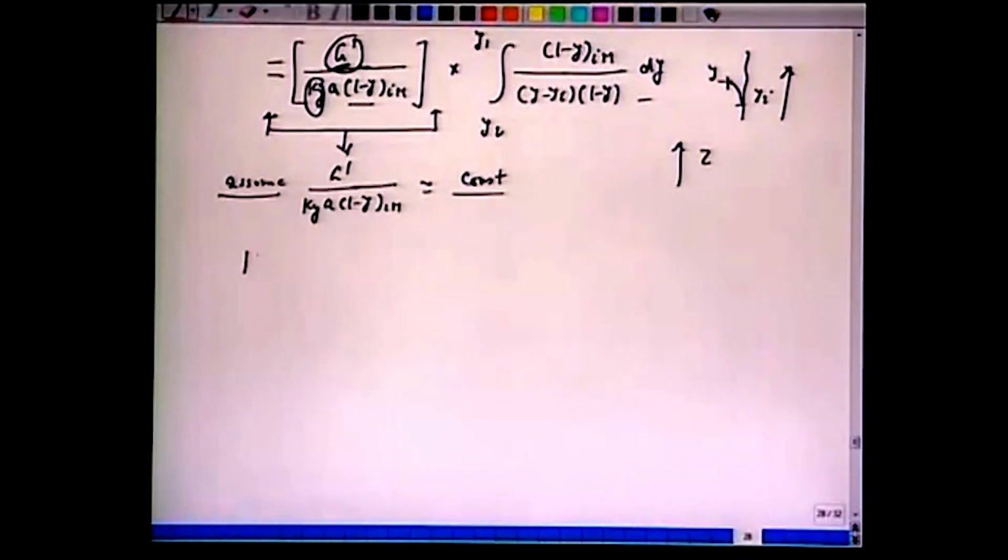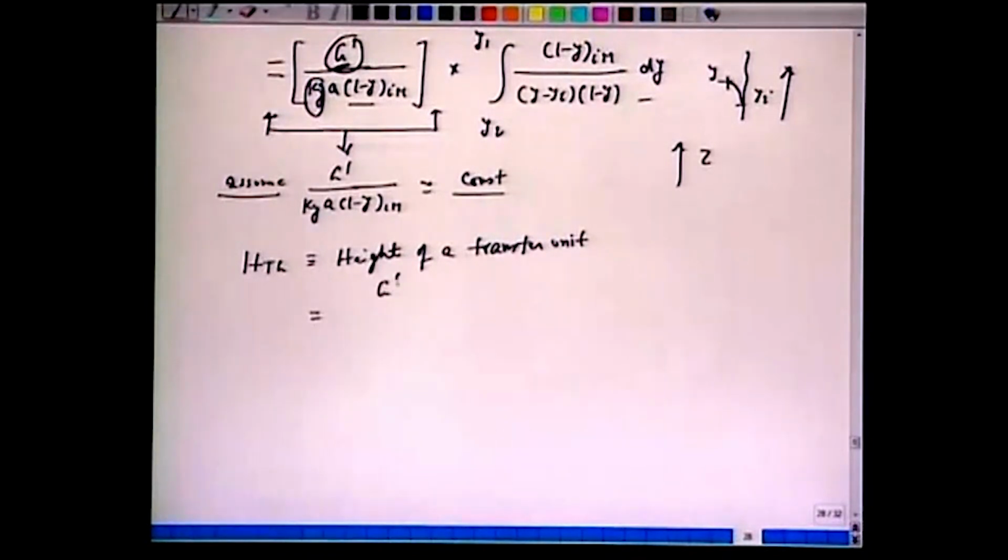Now, we call this HTG, height of a transfer unit. So, height of a transfer unit is G prime over k_y a (1 minus y)_I m, and this can also be written as G prime over k_G, based on the partial pressure, P_t (1 minus y)_I m.